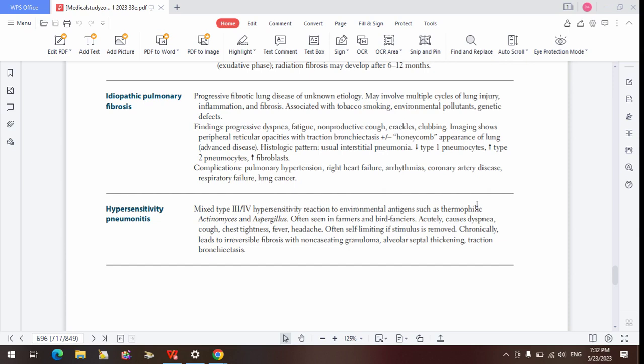So type 1 pneumocytes will have been damaged and removed. That's why they are reduced. But type 2 will not go, because type 2 pneumocytes contain progenitor cells that can produce more type 1 and more type 2. They also help in tissue repair when there is damage. So they have to be increased so that they can repair that ongoing damage.